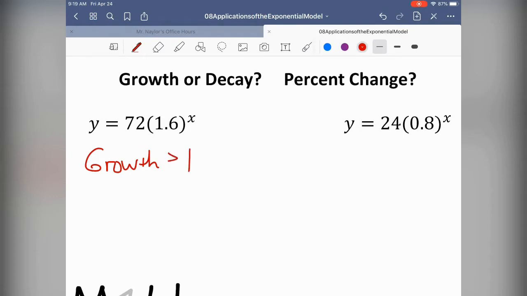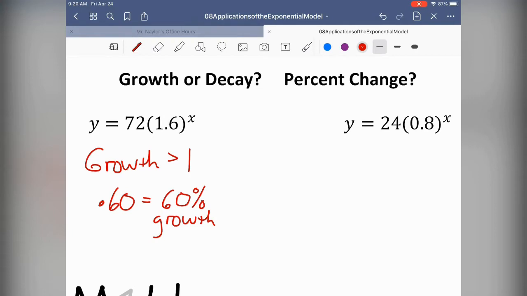Now, how much greater than 1? Well, it's the 0.6, which is actually the same as 60%. That tells us how much growth we're going to have. You see, we're going to have 60% growth when the base is 1.6.